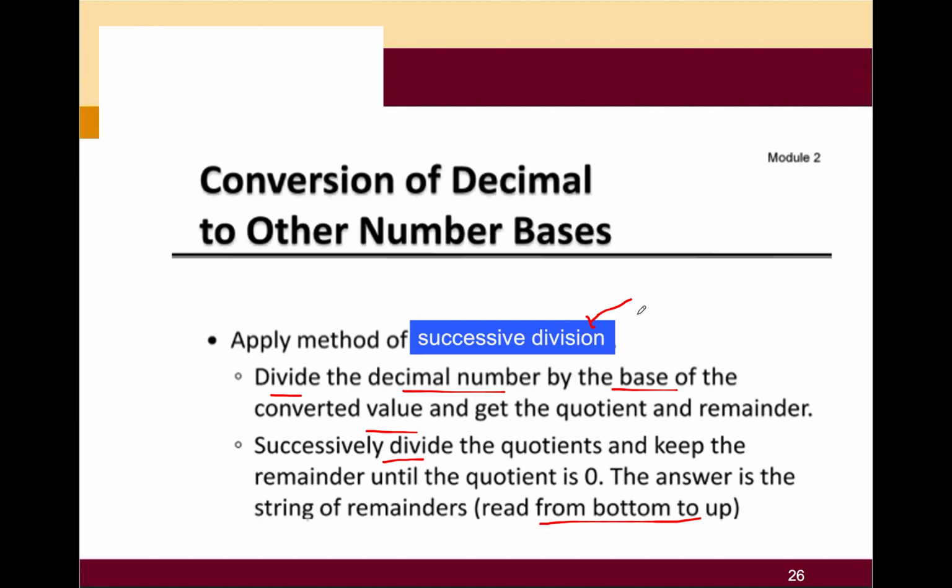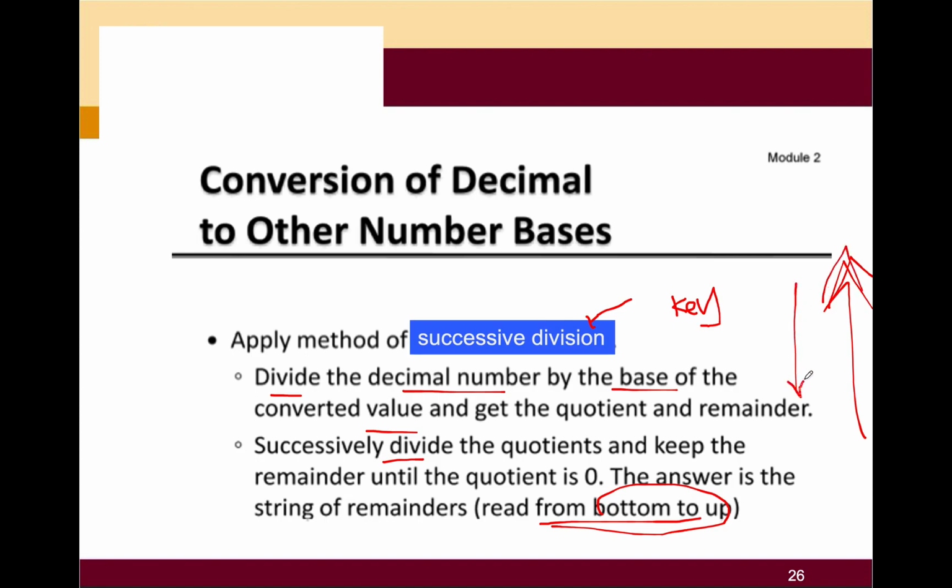You need to remember that the first key for these successive divisions is that you need to read the answer from bottom to up, because there is another method, which is multiplication and so on, where you need to know another way to read the answer.